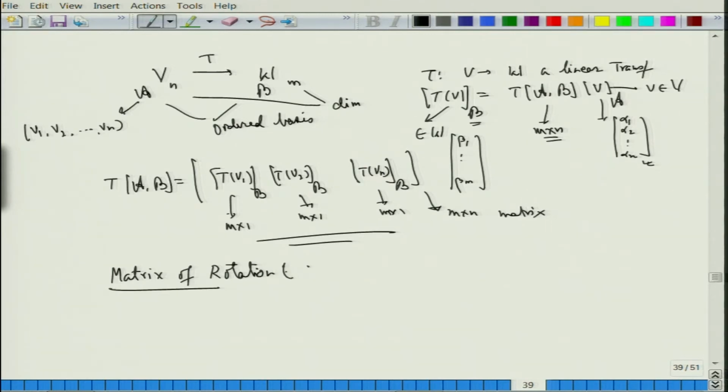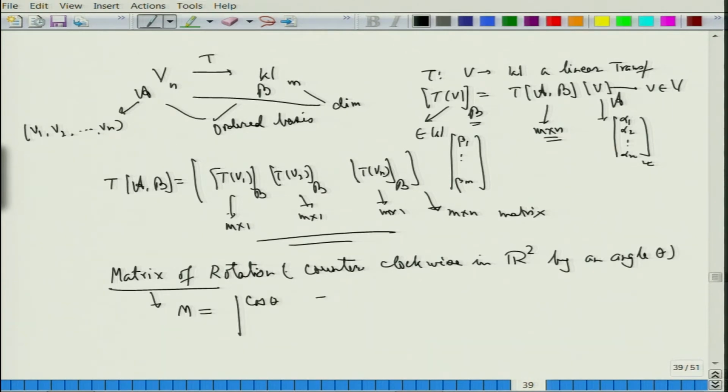We wrote it for counterclockwise rotation in R2 by an angle theta, and it gave us the matrix M as cos theta, minus sin theta, sin theta, cos theta. Alright. So I would like you to verify here that determinant of M is 1.